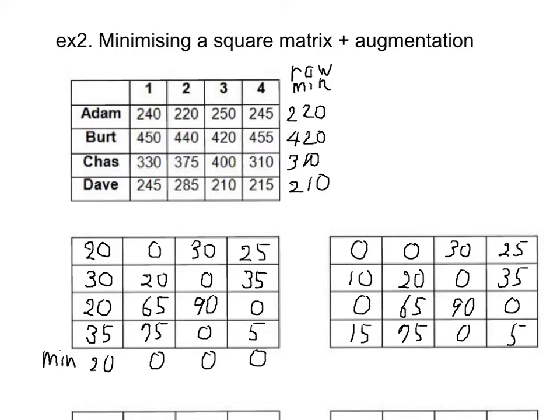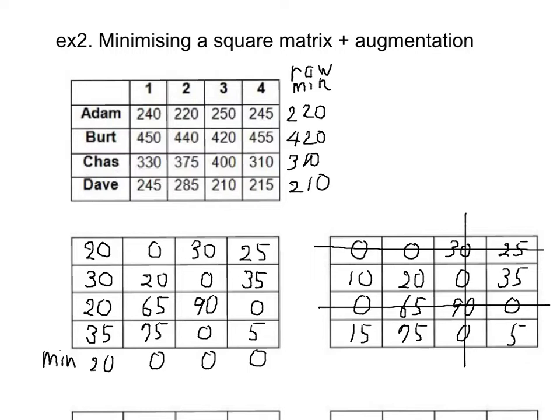In this question, no matter which way I go, the maximum number of zeros that I can cross out in one go is 2. So I'm going to try this way. I'll try 2 this way, 2 this way, and then 2 zeros that way. Now, I still got one more line to use, but I haven't got any more zeros.